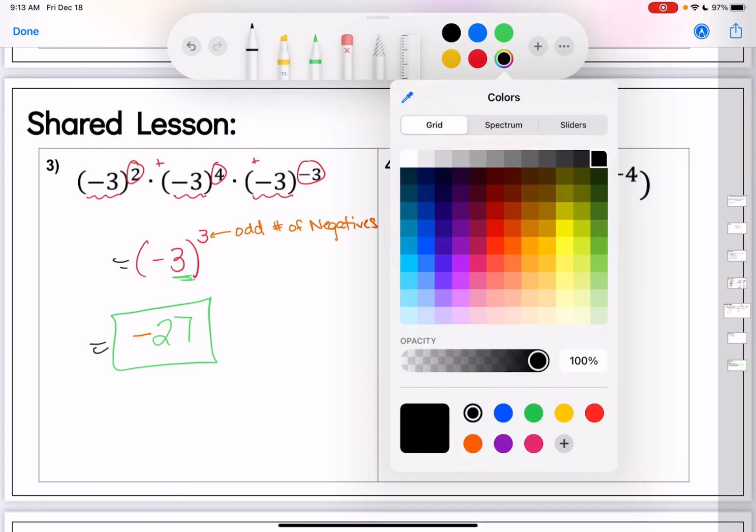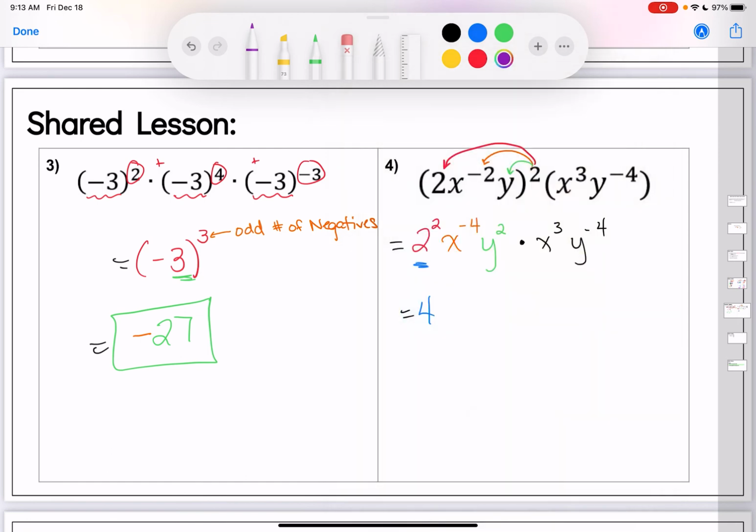Then I see I have an x to the negative fourth and an x to the third. Let's see, negative 4 plus 3 gives me x to the negative first power. Then I have a y to the second and a y to the negative fourth. 2 plus negative 4 gives me y to the negative second.